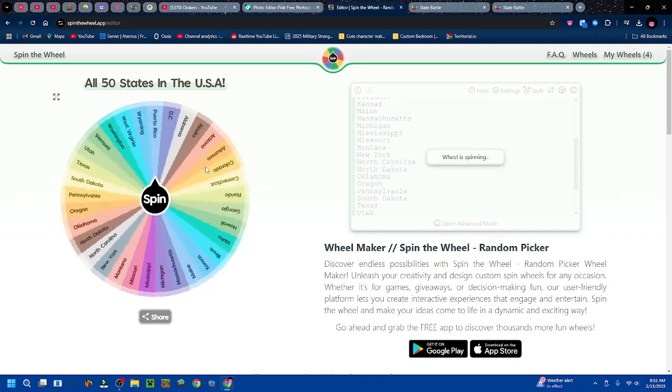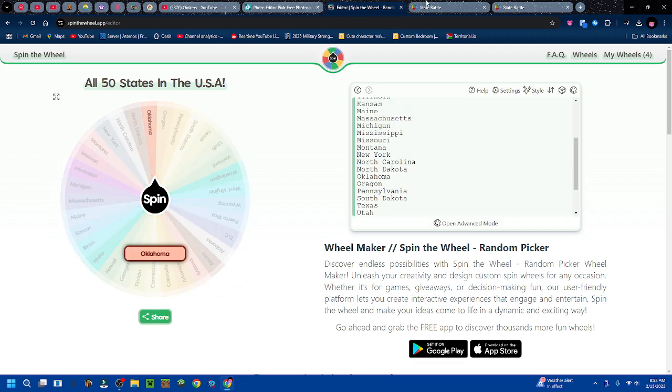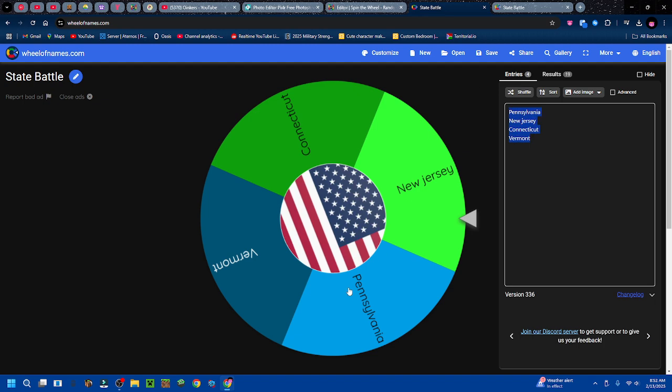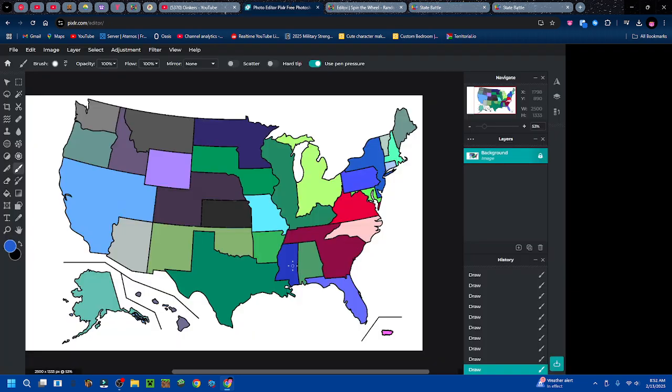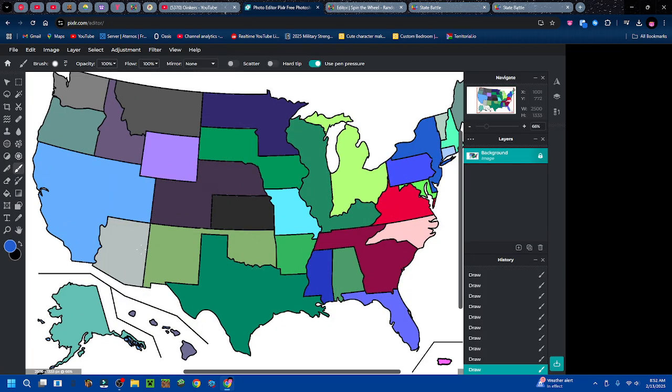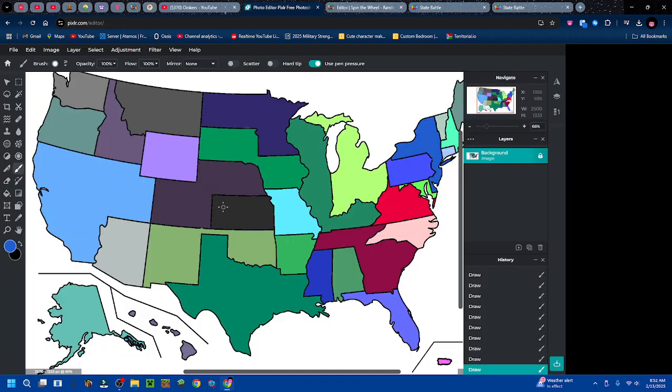Spin the wheel again, and it is going to be Oklahoma. What is Oklahoma going to be doing? They border Texas. They border Arizona. They also border Kansas, Colorado, Utah.